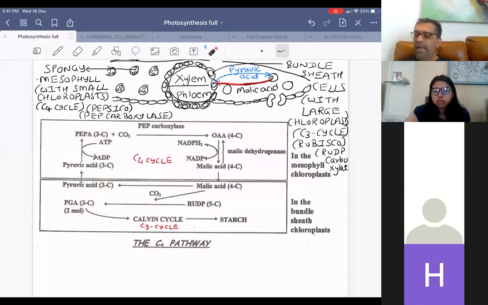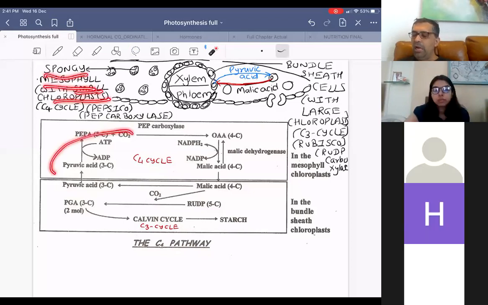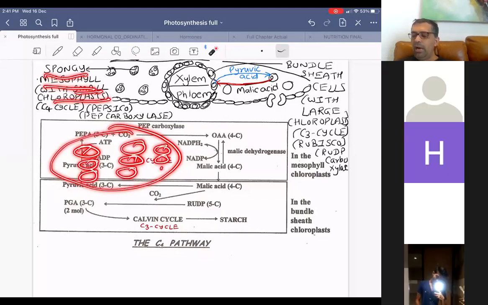Light reaction takes place in the small chloroplasts of the spongy mesophyll, which are abundant in grana. So these spongy mesophyll are abundant in grana, and that means they will have light reaction to produce ATP and NADPH2.